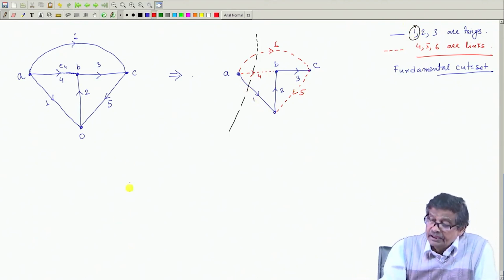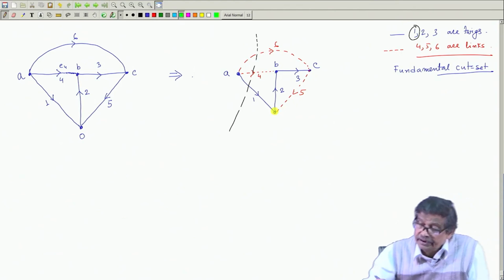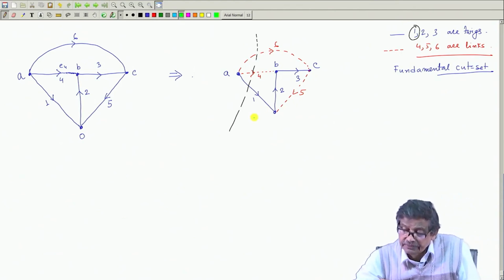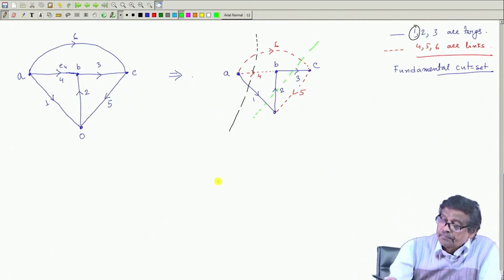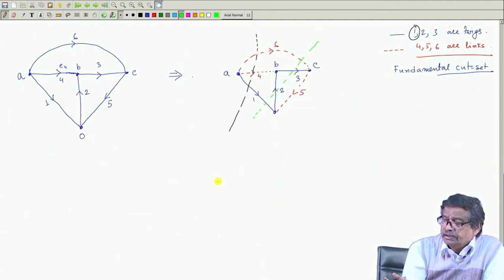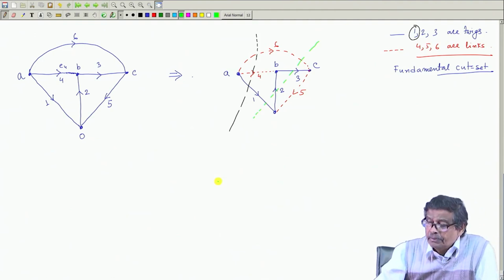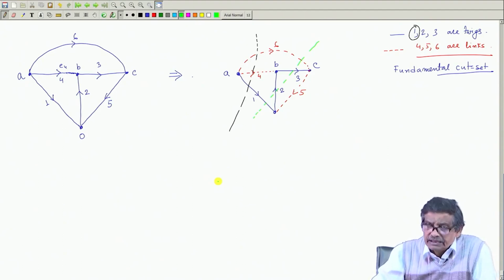Suppose I take a cut set which will divide the network in this way. It will also be a cut set, no doubt, but will it be a fundamental cut set? The answer is no. Why?